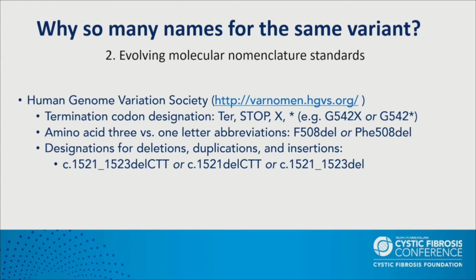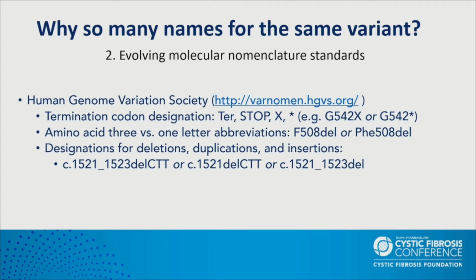Amino acids can be abbreviated with 1 letter or 3 letters. So your F508del would more accurately be described as Phi508del. And the guidance for describing more complex mutations that aren't just changing one base pair to another, where you're deleting or inserting or duplicating, have kind of been all over the place over the years.